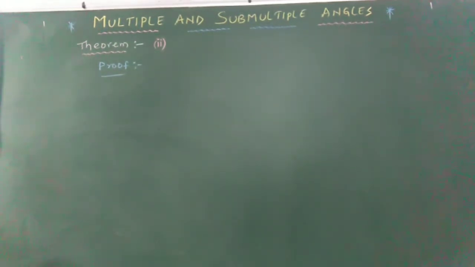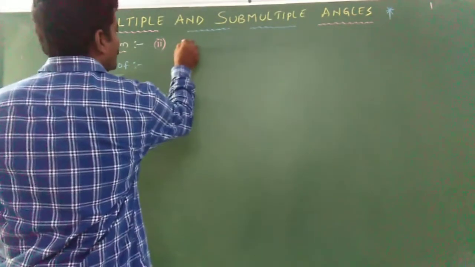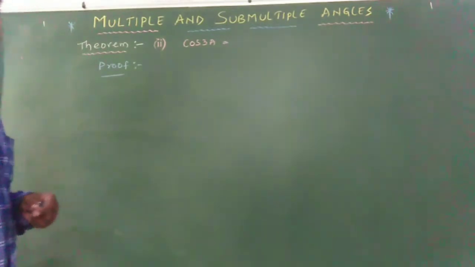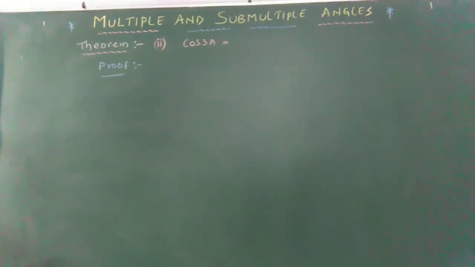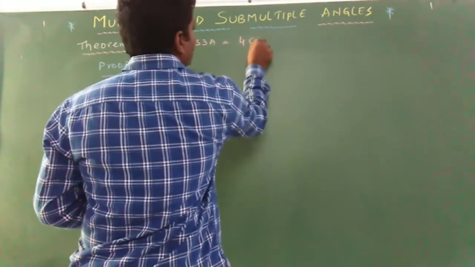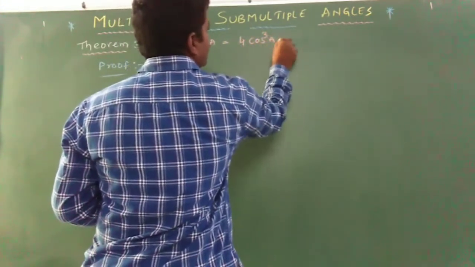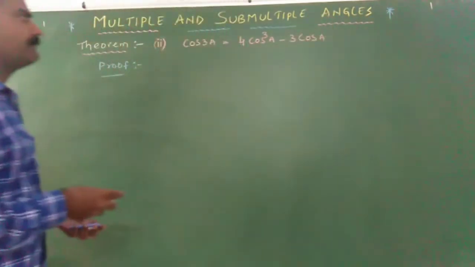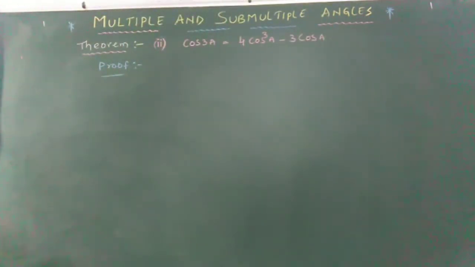So coming to the theorem number 2, we need to prove that cos 3a is equals to 4 cos cube a minus 3 cos a. So cos 3a is equals to 4 cos cube a minus 3 cos a.